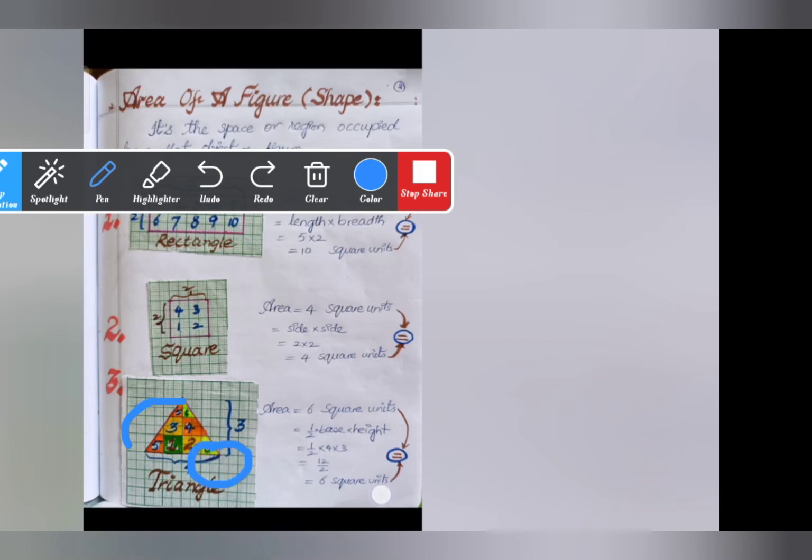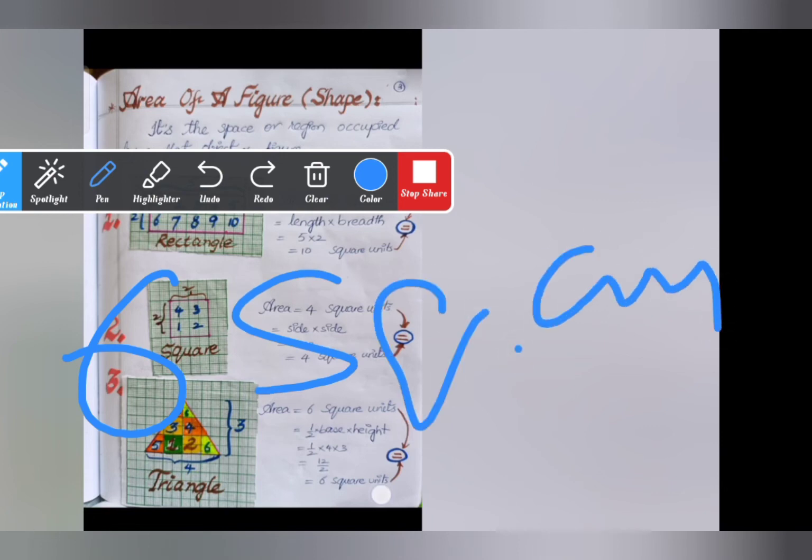In sixth one we are able to get this much part. So this will be carried here. So thereby we are able to get how many squares? The space occupied by this triangle is 6 square centimeter.